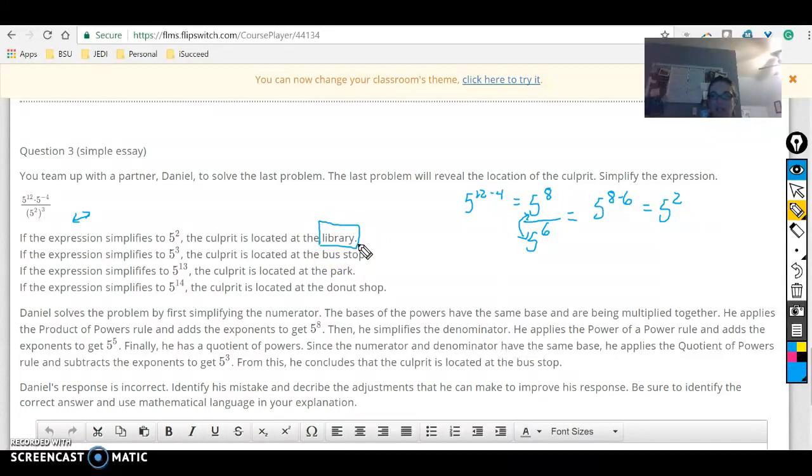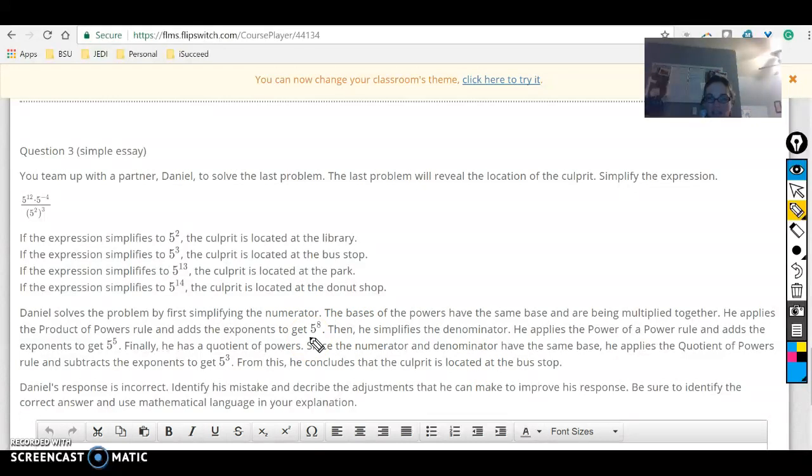Now, in order to answer this question, we have to take a step further. Daniel solves the problem by first simplifying the numerator, which we did. The bases of the powers have the same base and are being multiplied together. He applies the product of powers rule and adds the exponents to get 8, so that's exactly what we did.